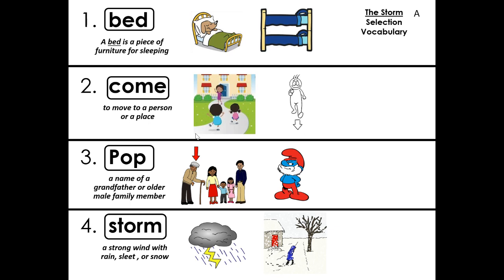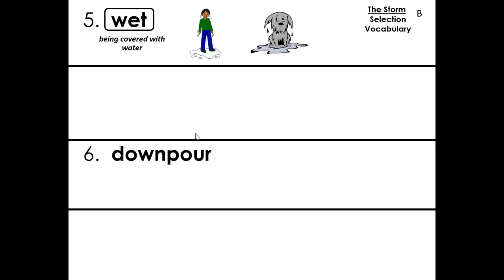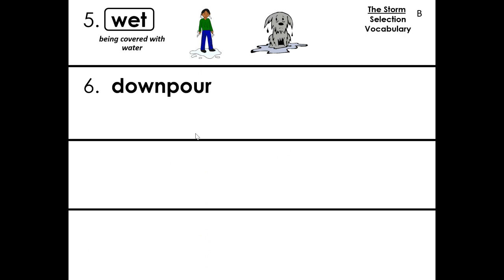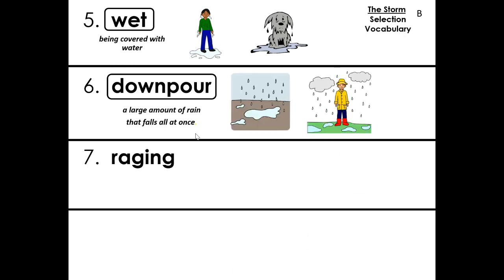If you need to, push pause. Number 5, wet, W-E-T. What is wet? Being covered with water. Number 6, downpour. That's a compound word. The word down and pour. That means a large amount of rain that falls all at once. Number 7, raging.